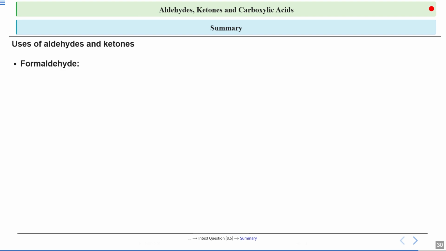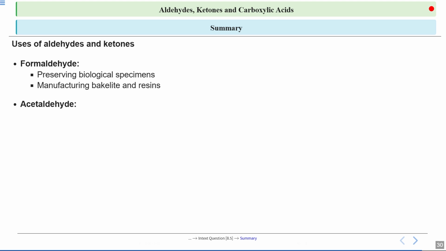Then we saw the uses of aldehydes and ketones. We talked about formaldehyde. It is used for preserving biological specimens, because it can effectively kill bacteria and fungi, which prevents decay. It is also used in the manufacturing of bakelite and resins, which are important in making plastics and adhesives. Then we talked about acetaldehyde.